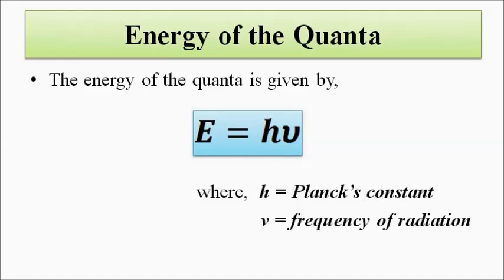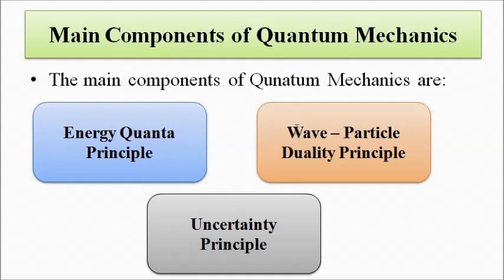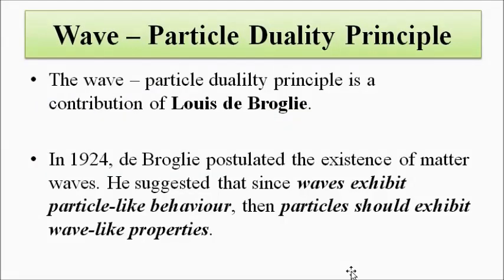Now the next one is the wave particle duality principle. This is a contribution of Louis de Broglie. In 1924 de Broglie postulated the existence of matter waves. Basically what it means is that if waves exhibit particle like behavior, then particles should also exhibit wave like properties.